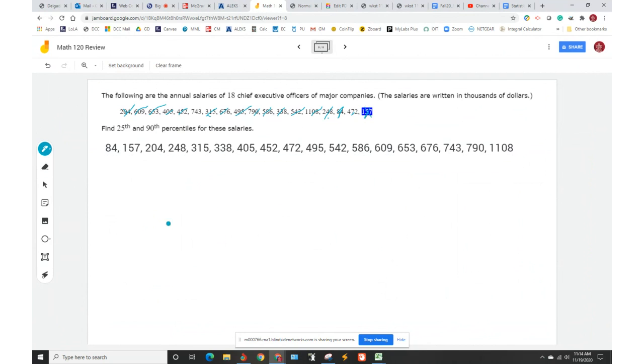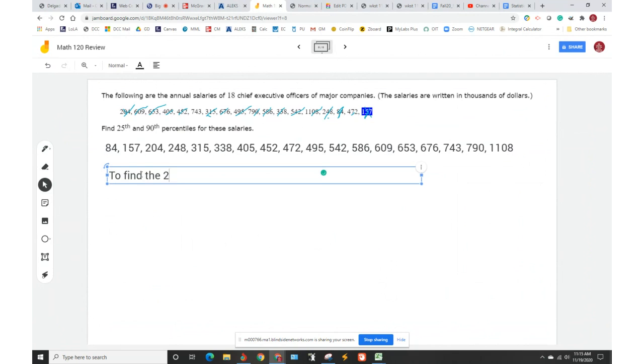Now, to find what we're going to do, we're going to take 0.25, that's the decimal, times 18, which is the n, or number of pieces of data, which gives us 4.50. 4.5.